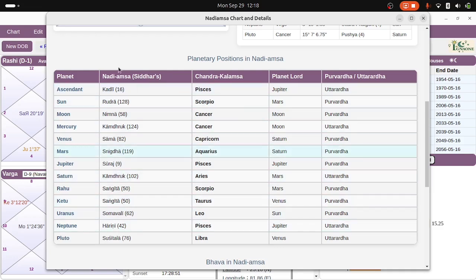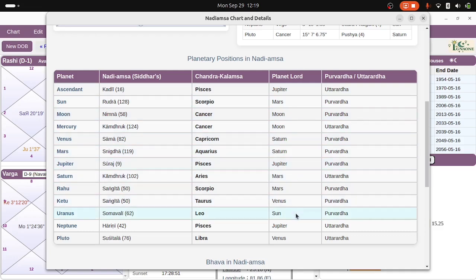These are the names of those Nadi Amshas as per the traditional Siddhar's Nadi Amsha. And these are the signs. This is something you won't get anywhere, at least not anywhere with a strong traditional basis. So these are the signs.